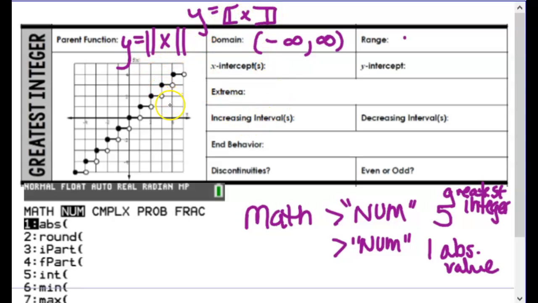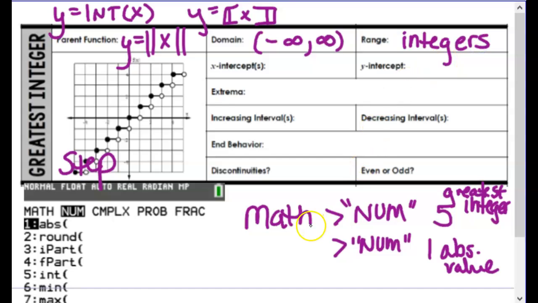Either one of those notations is the greatest integer, or your calculator would just say int for greatest integer. Good question. Thanks. And it is also just called the step function. The domain is all real numbers. The output will only be integers. And we don't care about any of the rest of this stuff for this.